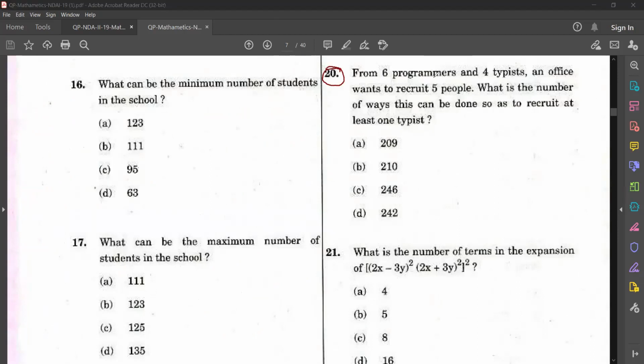From 6 programmers and 4 typists, an office wants to recruit 5 people. What is the number of ways this can be done so as to recruit at least 1 typist?